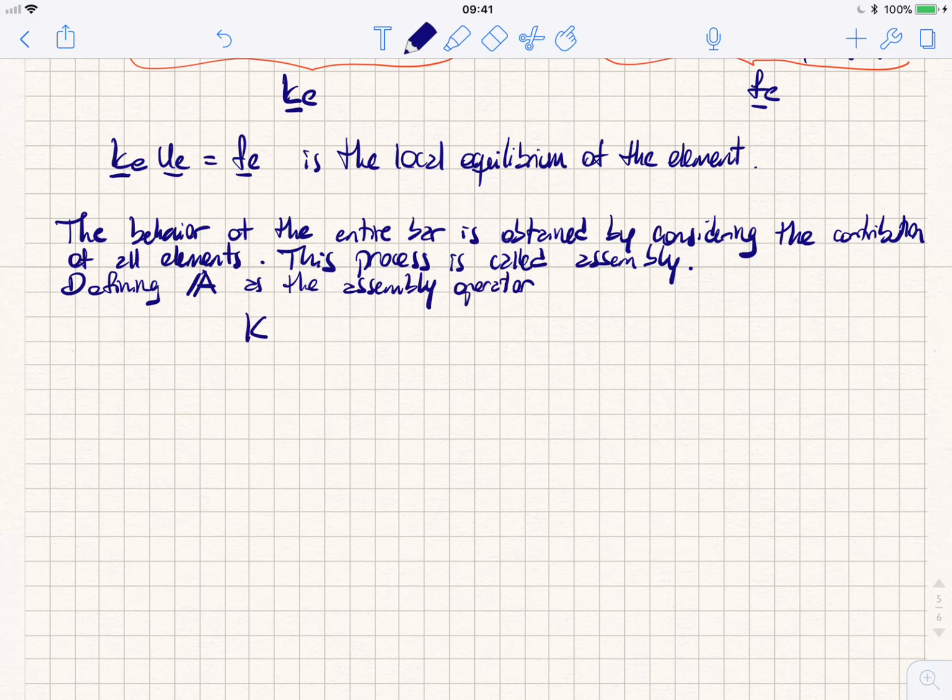Then your global stiffness matrix K is basically the assembly of all those smaller arrays, and the same happens with F, which is the assembly of all those force vectors. And now K and F are the global stiffness matrix and the global force vector.